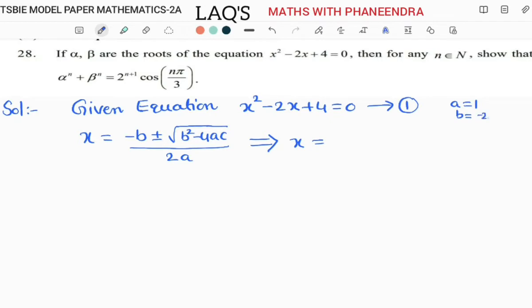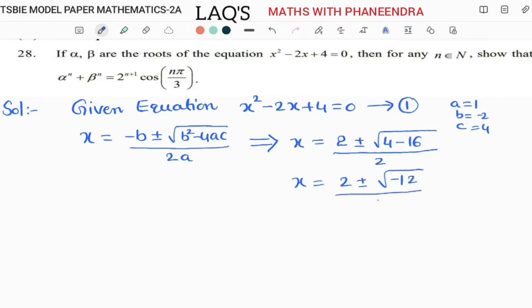So b is equal to minus 2 and c is equal to 4. So minus of minus 2 plus or minus root over b square 4 minus 4 into 1 into 4, so minus 16, divided by 2a, 2 into 1. So x is equal to 2 plus or minus root over minus 12 divided by 2.